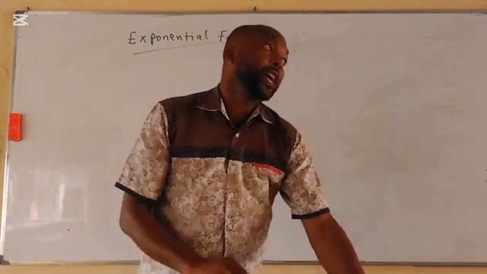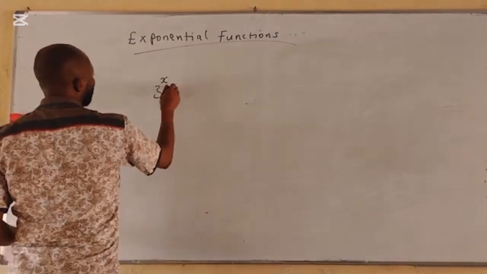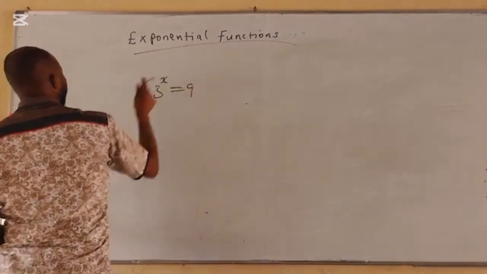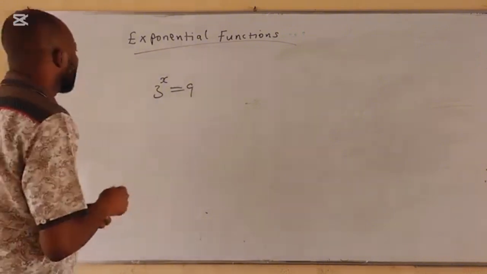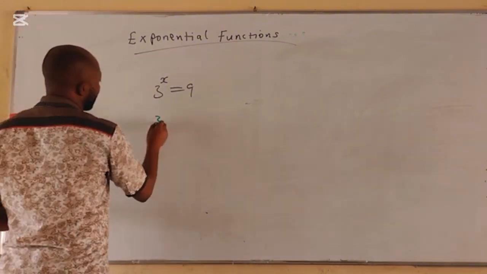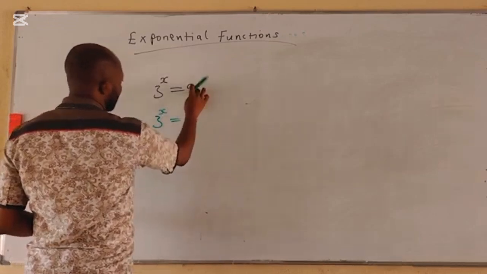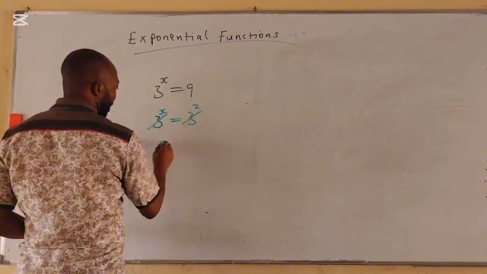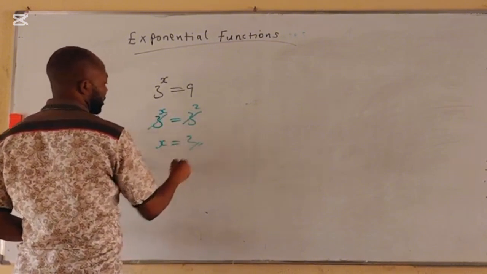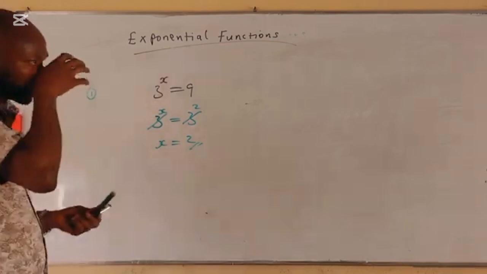Example, 3 raised to the power x is equal to 9. The x is unknown. That is an exponential function. So this can easily be written as 3 raised to the power x is equal to 3 raised to the power 2, because this will give us 9. This will cancel this because they are the same. X is equal to 2 in this case. So that is what we talk about as exponential function.